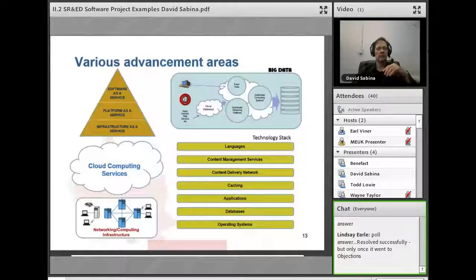The trend in software has shifted in the direction of shared services, such as software as a service, platform as a service, infrastructure as a service. Okay? We see these manifest as cloud computing, which is made possible by tremendous advancements in both hardware and software technologies. From a software perspective, cloud services became possible through advancements in networking and distributed infrastructure, as well as computing. Okay? All of these developments make use of various advancements in the software technology stack.